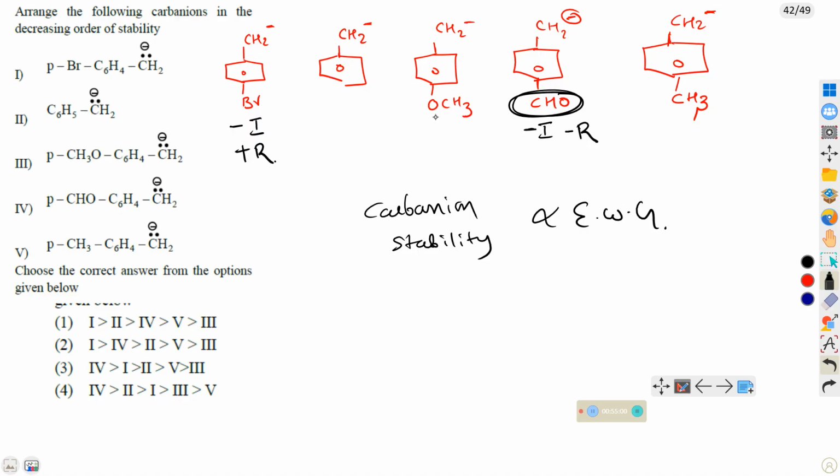This is OCH3, an electron donating group, plus R group. The CH3 group is also plus I group, even plus R group also. These two are electron donating groups, so this is the electron withdrawing group. Starts with 4, 4 after 1. Third option, correct option.